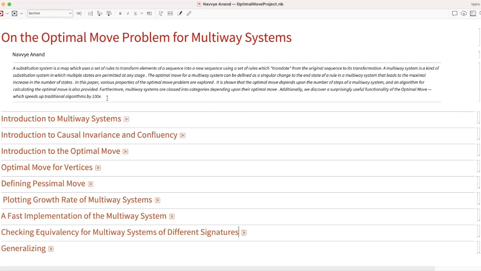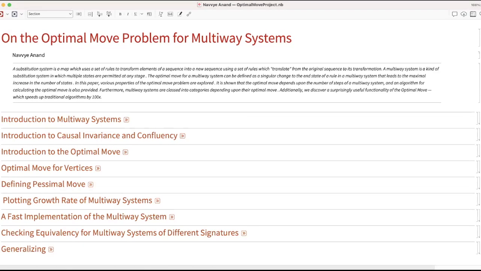Sure. So multi-way systems in the Wolfram language refer to sequence rules in which multiple states can be permitted at any stage. And what I've decided to do in this project is explore how you can change multi-way systems and look at the growth rate of multi-way systems after you introduce a minimal change to them.